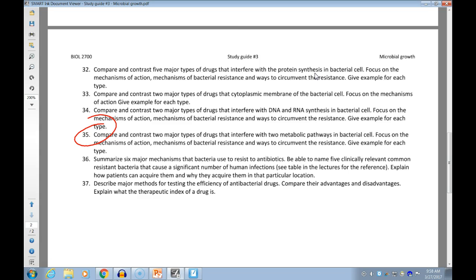What I want you to understand as well is resistant bacteria. Common resistant bacteria. Can anyone name them without looking? VRE, vancomycin resistant enterococci, MRSA, CRE, carbapenem resistant Enterobacteriaceae, the drug resistant mycobacteria.